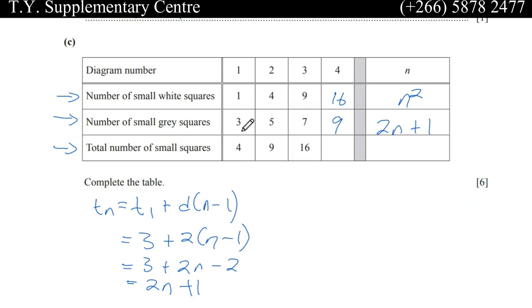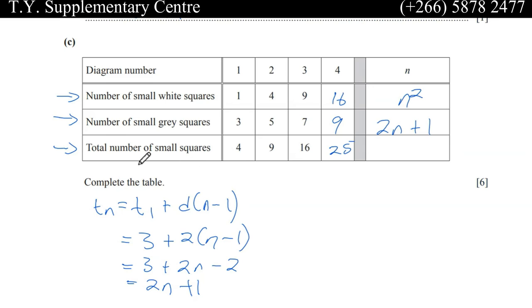So that is 1 plus 3, that is 4. In diagram number 2, 4 white squares, 5 gray squares, 4 plus 5, that's 9. Diagram number 3, 9 white squares, 7 gray squares. Adding 9 and 7 together, you get 16. So in this case, for diagram number 4, that means the total number of small squares will be 25.